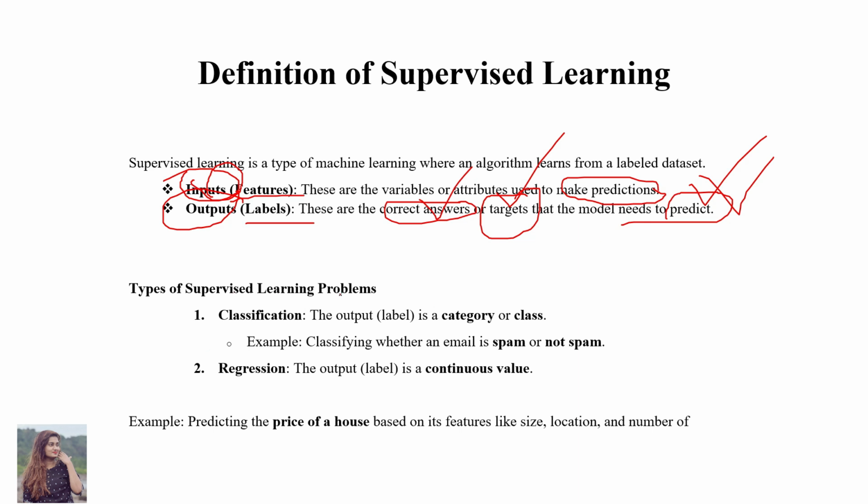So, types of supervised learning problems. First of all, this is a problem, right? What kinds of problems, we decide later. So how many problems and what types of supervised learning problems.